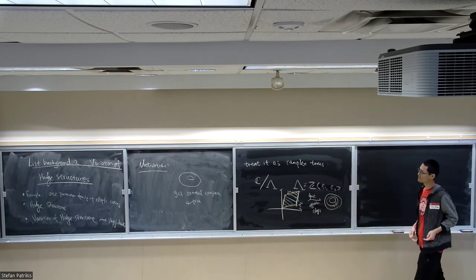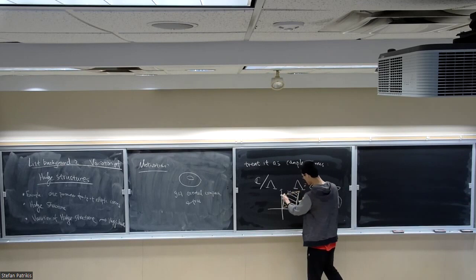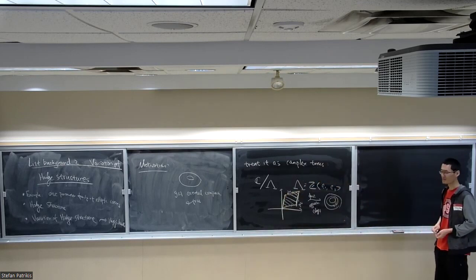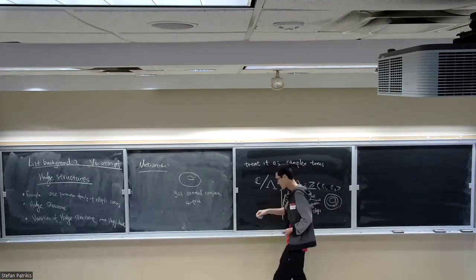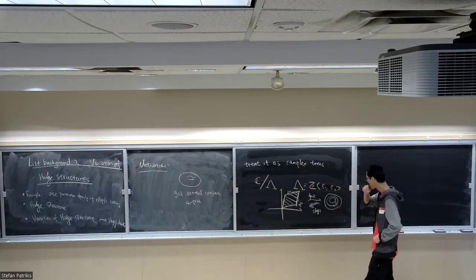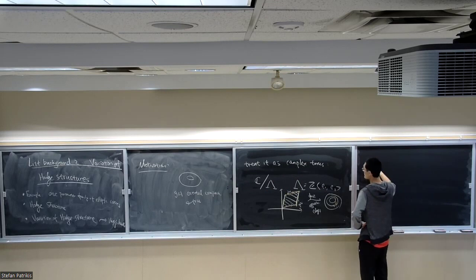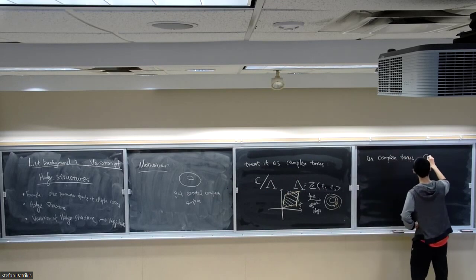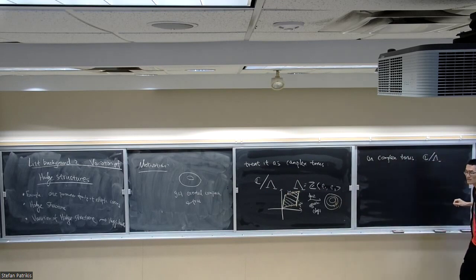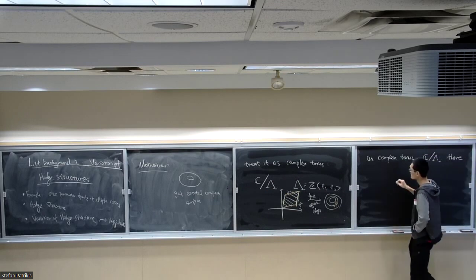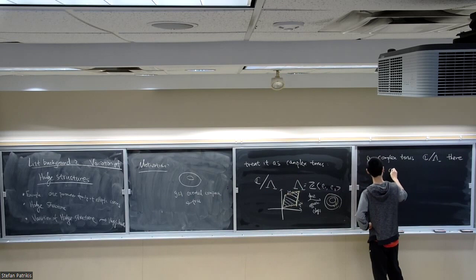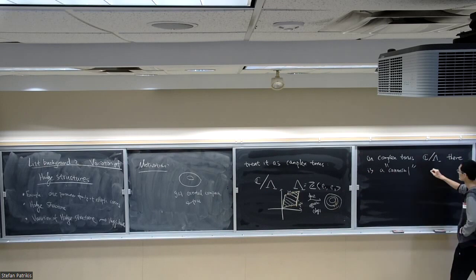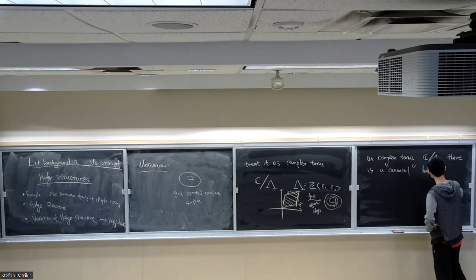Then you may ask why different e1 and e2 give you different things. Well, we should think about the complex torus C mod lambda, on which there is a canonical holomorphic one-form.